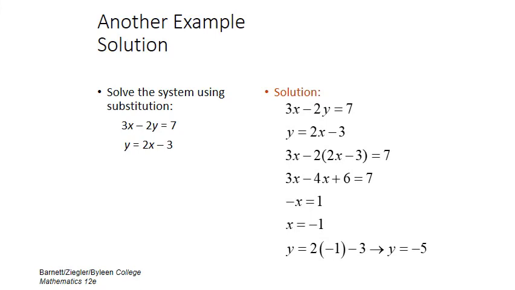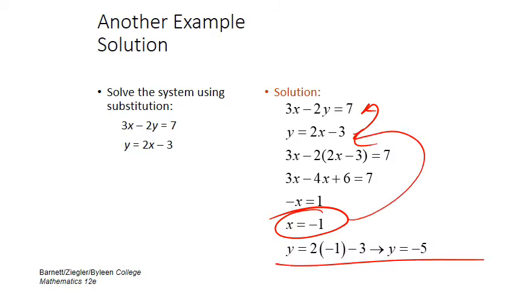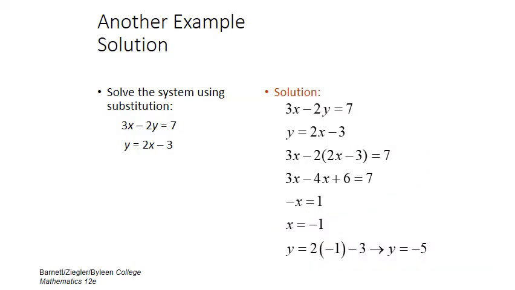Here you can see we substitute y into this equation, so it will become 3x minus 4x plus 6. When this 6 moves to the other side, we will get x equals minus 1, and we can substitute x equals minus 1 into any one equation, and we can get y equals minus 5.